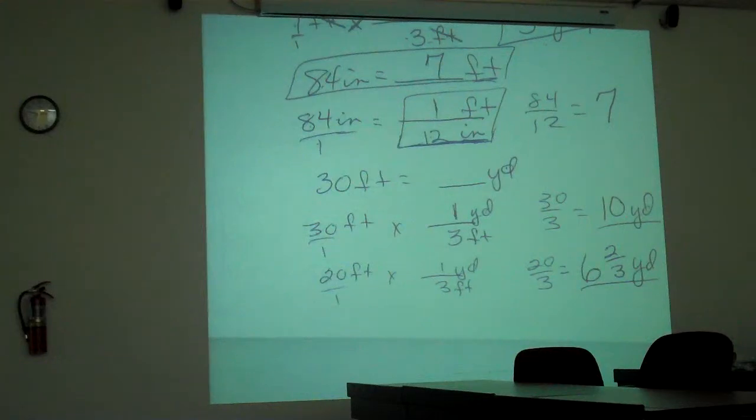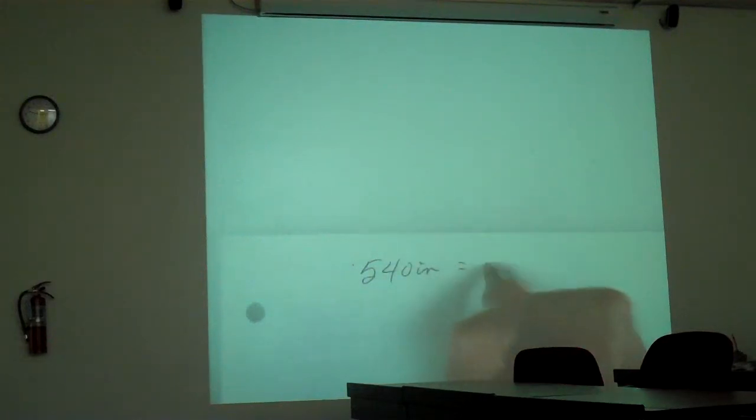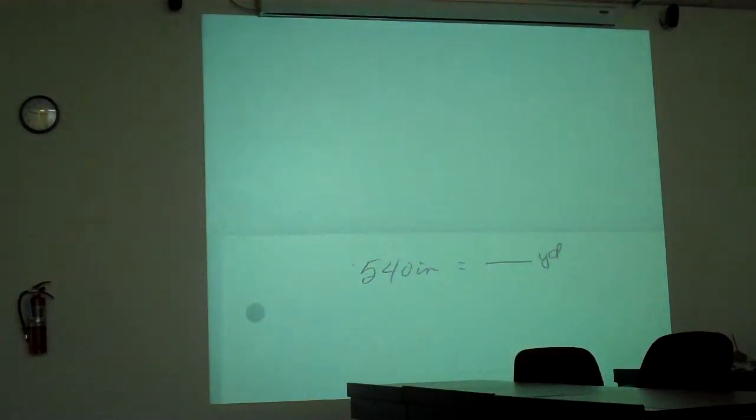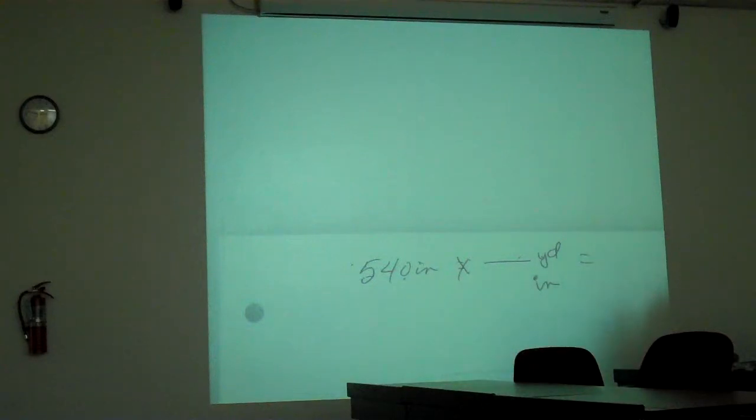How about in inches and in yards? Let's do 540 inches equals how much of a yard? Okay. If you want to go ahead and leave it like this, and just put your inches down here to figure it out.